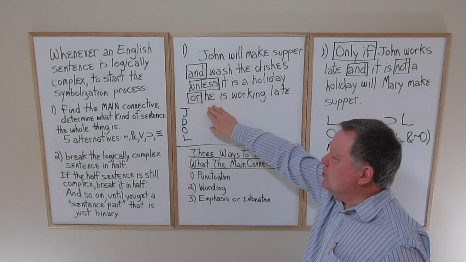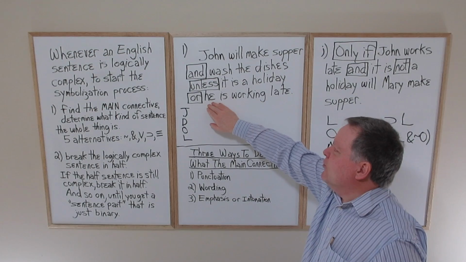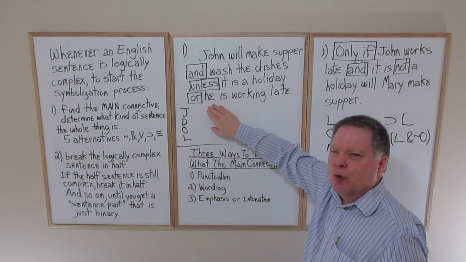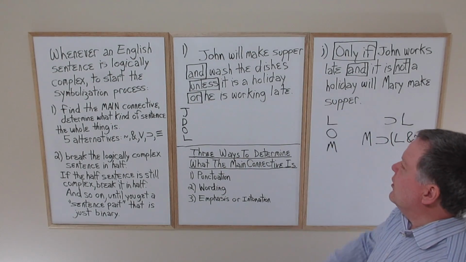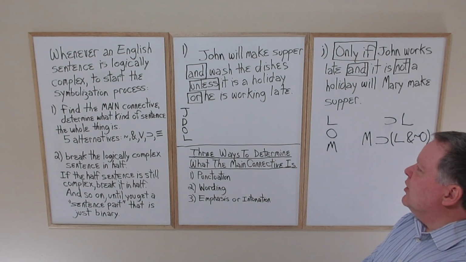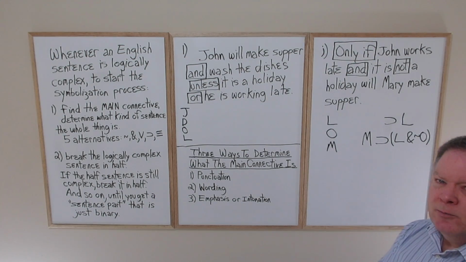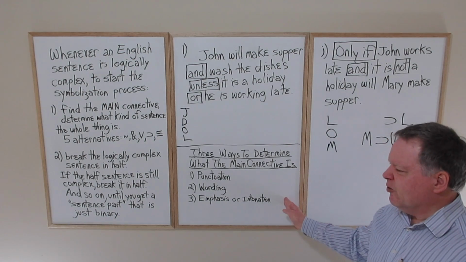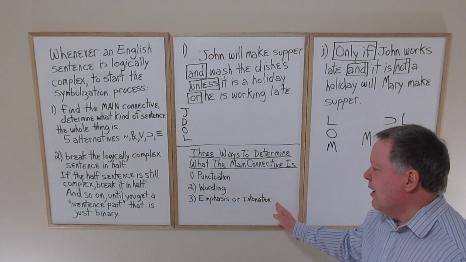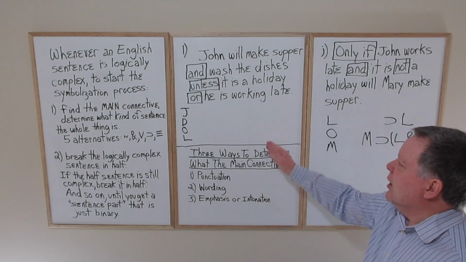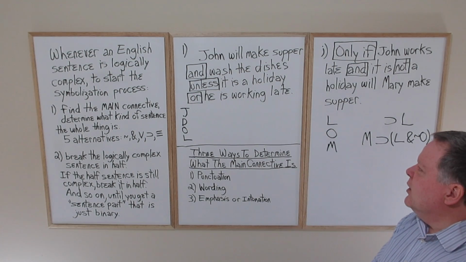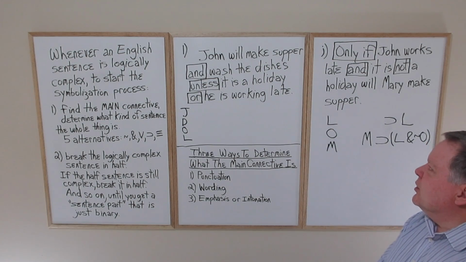If it were a disjunction, instead of saying he is working late, it would say John is working late. So consider the sentence slightly changed. John will make supper and wash the dishes unless it is a holiday, or John is working late. One other thing, notice how since I'm treating the sentence verbally, by intonation, I could emphasize the word or and make that into a disjunction.